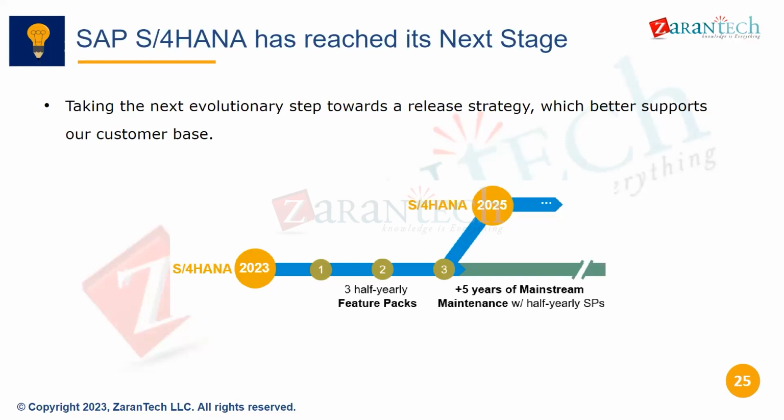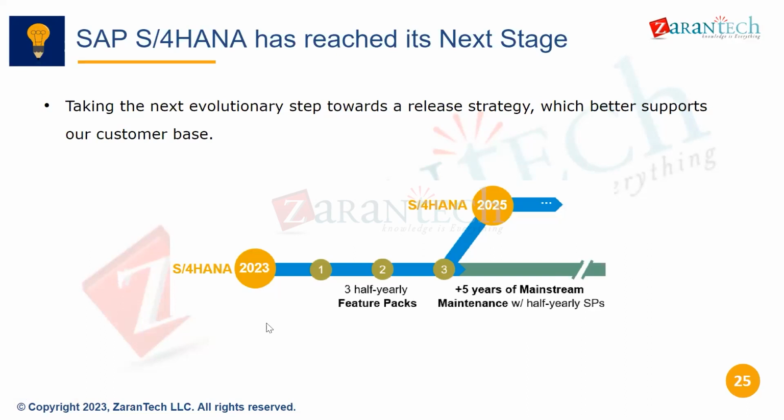And also earlier the maintenance, that means any issues that occur in the software, SAP will help to resolve those issues. The maintenance was 5 years. Now it has changed to 7 years. That means the clients who implement 2023 will have the maintenance agreement until 2030.